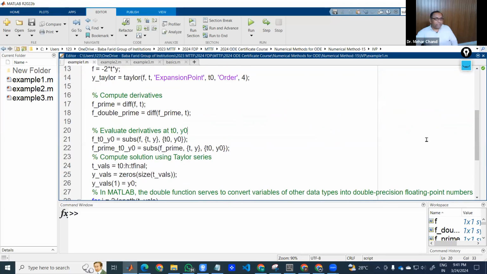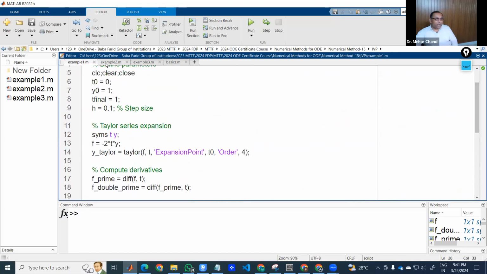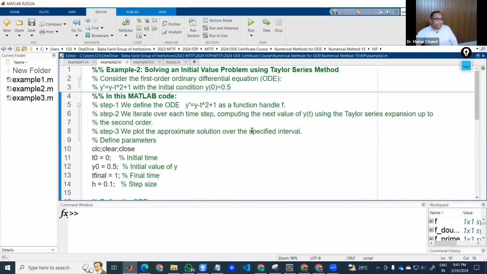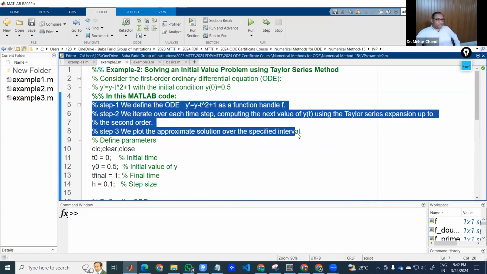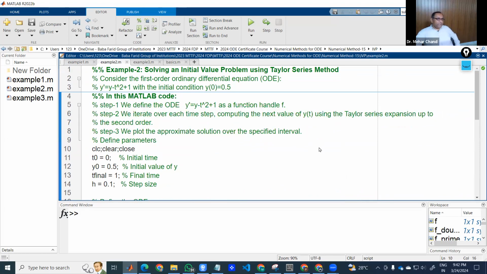Great. And similarly, we have one more example. We have at this place y dash is equal to y minus t square plus 1, and this is the initial condition we are given. These 3 steps we need to follow, and they will help you use the Taylor series to find the solution of this initial value problem.